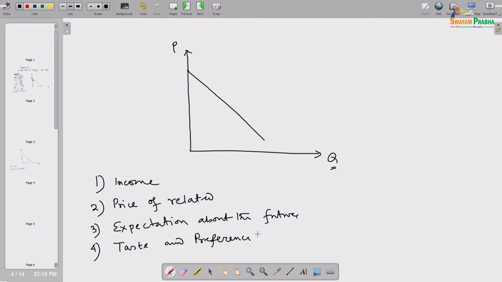These are the factors. Why and how do they affect demand? When we stated the law of demand, we mentioned that it holds under the ceteris paribus condition, given all other things unchanged. That means these 4 factors we mentioned here, and there may be a lot of other factors, like the surroundings within which the consumer belongs, that may also affect it.